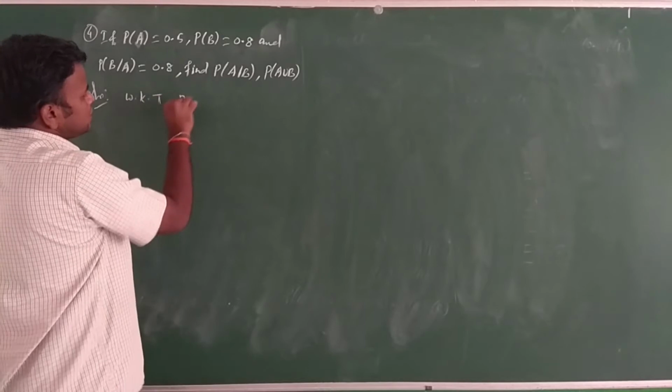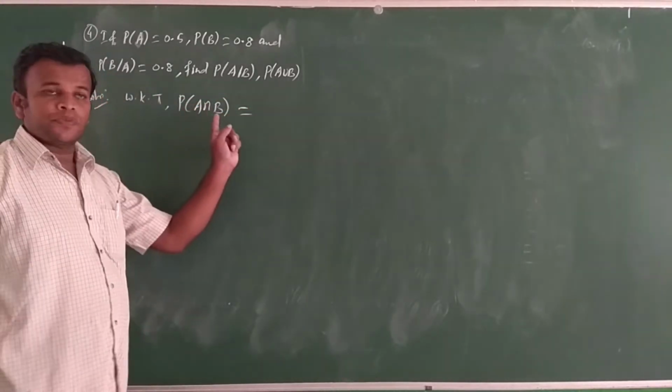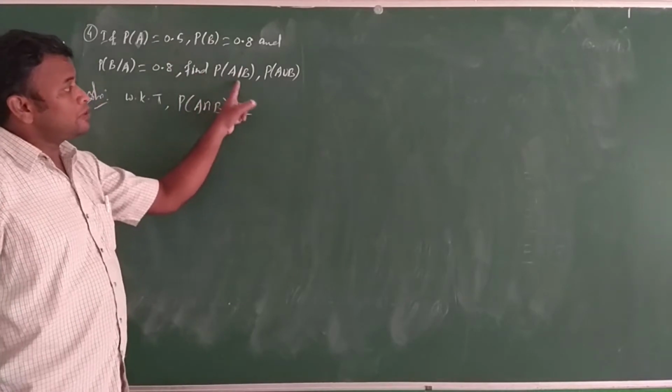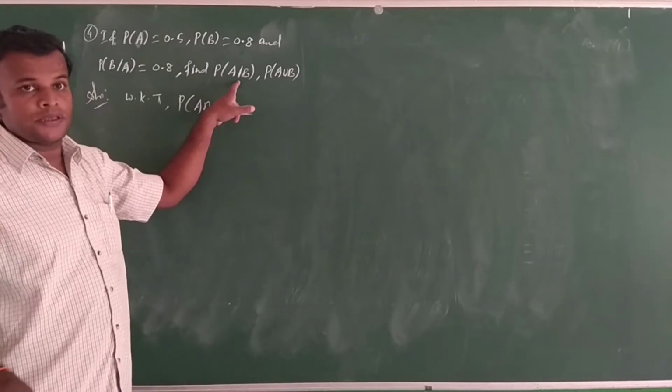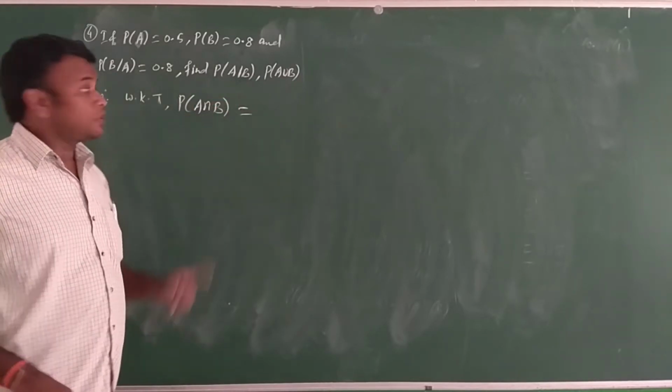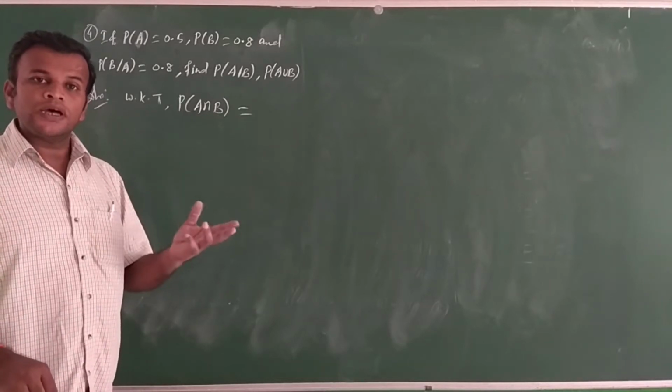One conditional probability is given, so we need it because the formula of P of A by B is P of A intersection B by P of A. So P of A intersection B. Since the conditional probability is also given, it is understood both the events are independent.